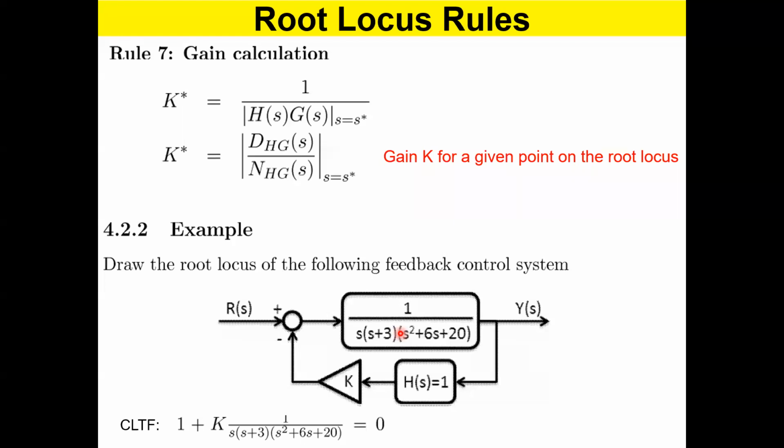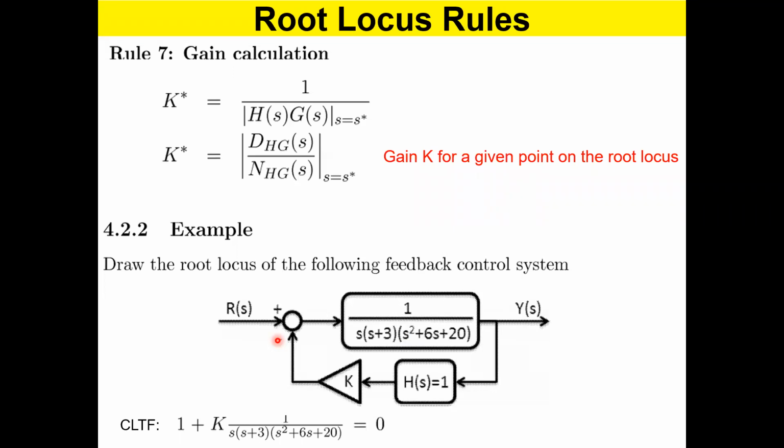The other thing I want to tell you is that if you get a plant, you have the plant's poles and zeros. For example, this plant: poles are over here, zeros are over here. Now, if you connect a loop and make it a closed loop system, what are the poles?